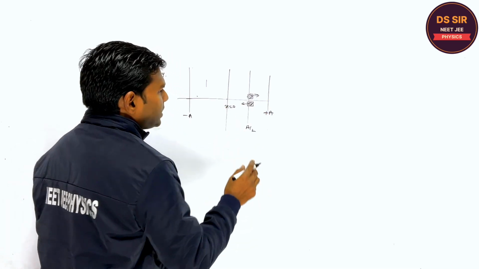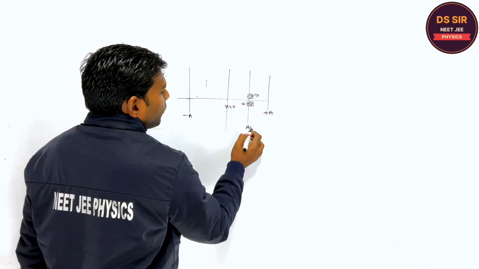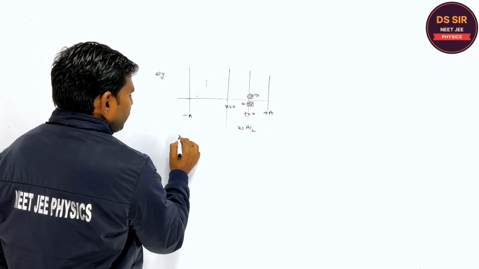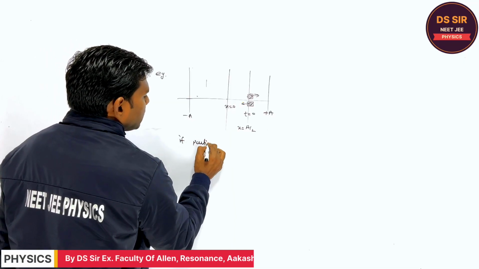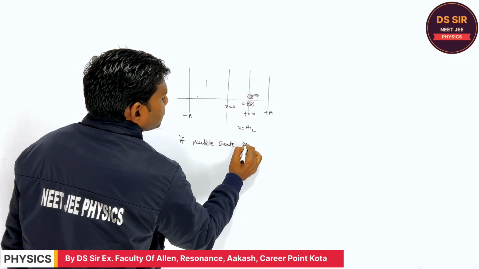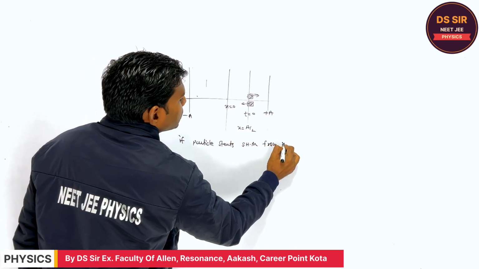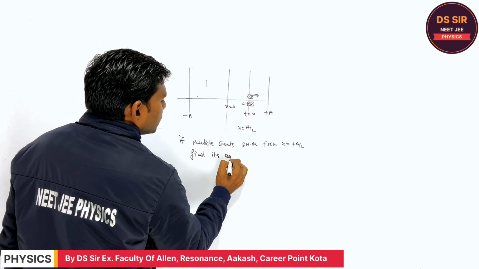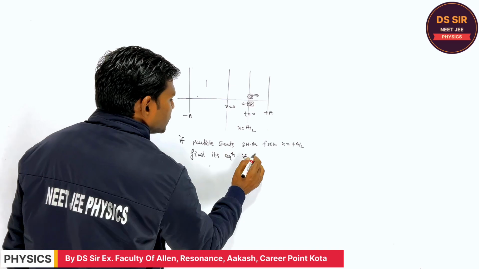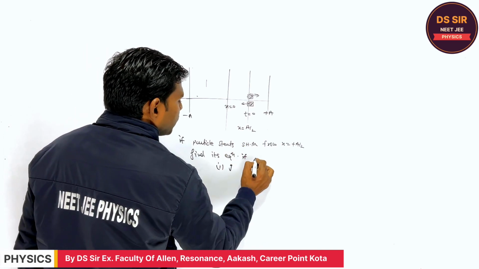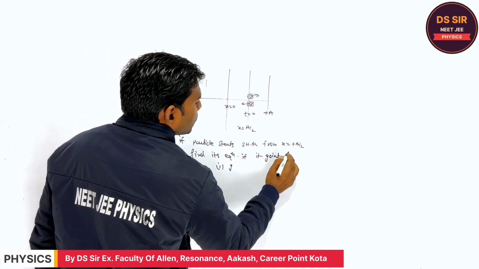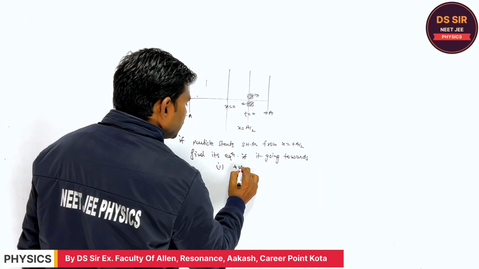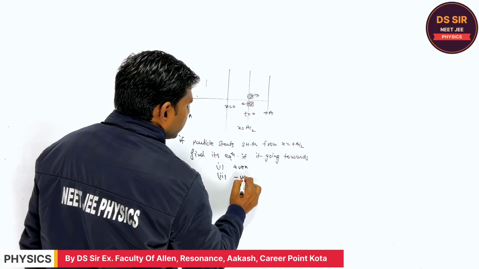If the particle starts SHM from x is equal to plus a by 2 at t is equal to 0, find its equation, if it is going towards the positive x direction, and second, towards the negative x direction.